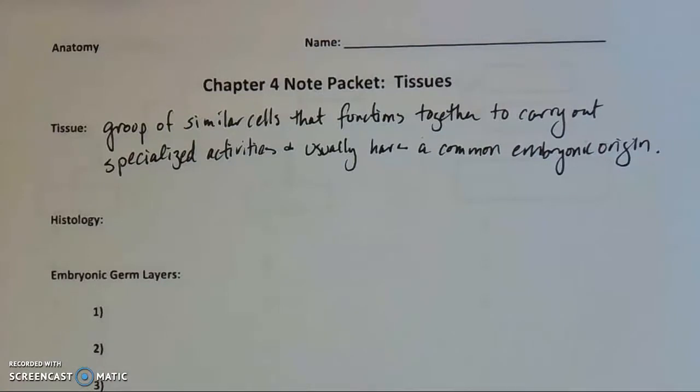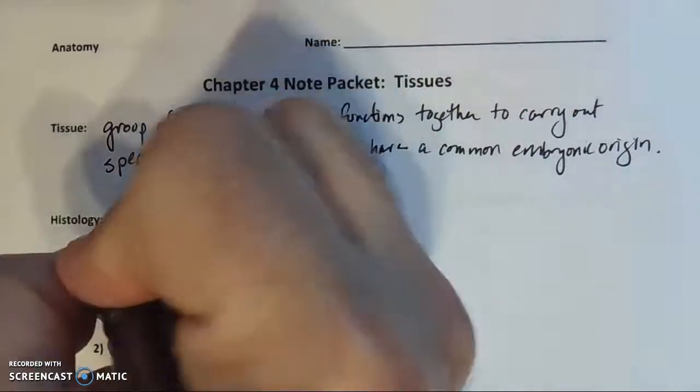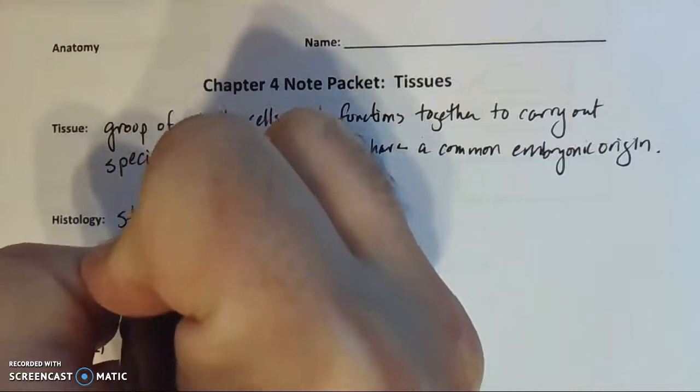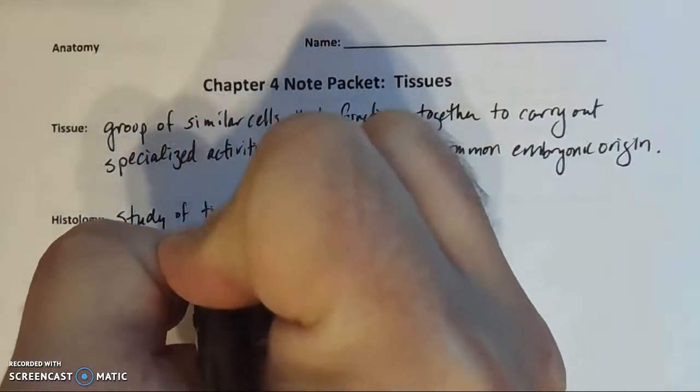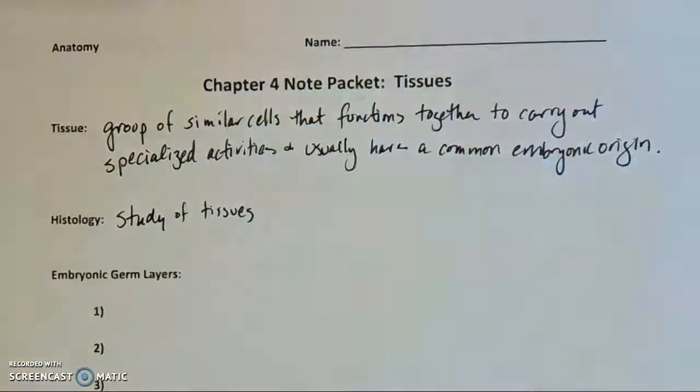So there are jobs out there, there are careers involving histology. Histology is nothing more than the study of tissues. So hospitals usually employ somebody that works in a lab that analyzes tissue samples removed from the human body during surgeries, and they look mainly for abnormalities.